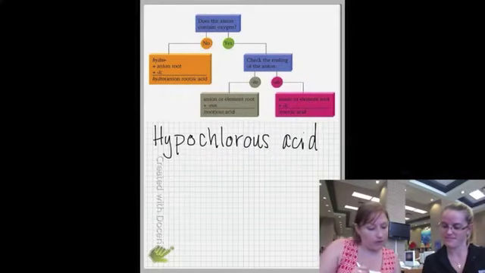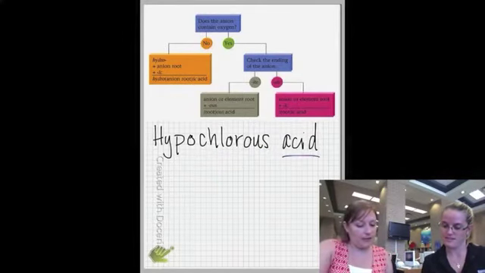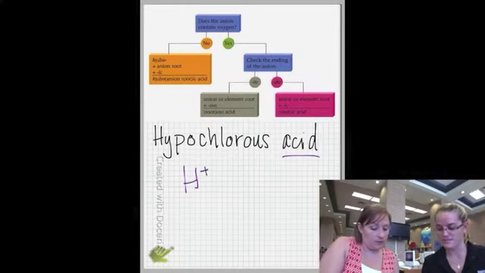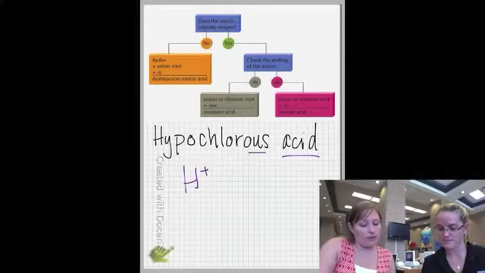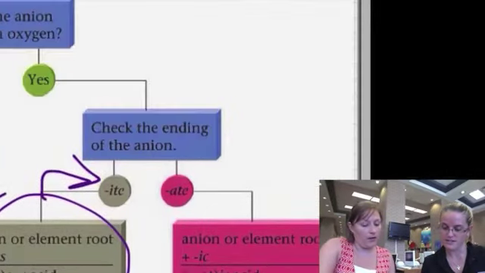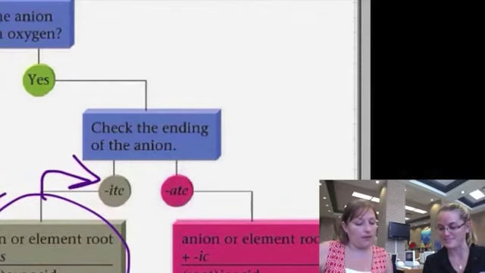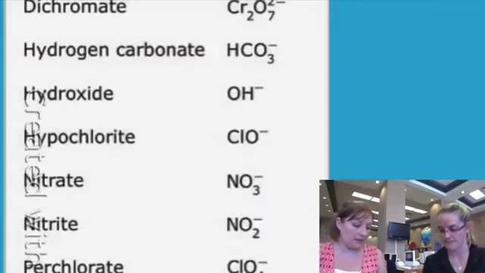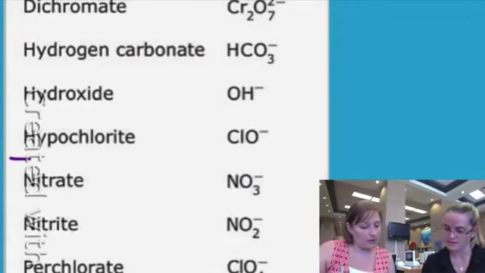Okay, so now let's do one more. Hypochlorous acid. Acid tells you to start with an H. Okay, hypochlorous. It ends in ous. So I'm going to go right here. And that means it used to end in hypochlorite. That sounds crazy. Right, but we know where to look it up. That's on that polyatomic chart. So hypochlorite.